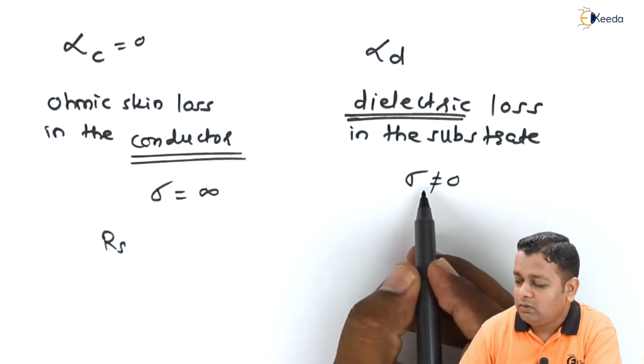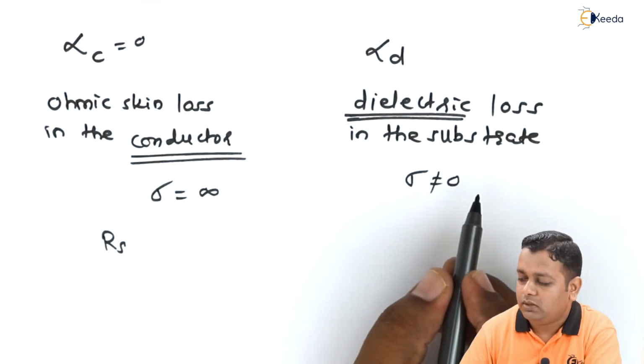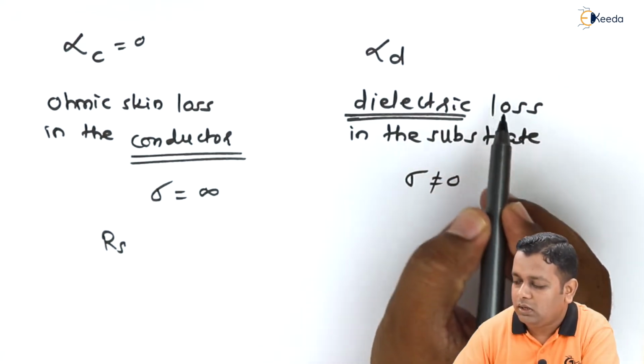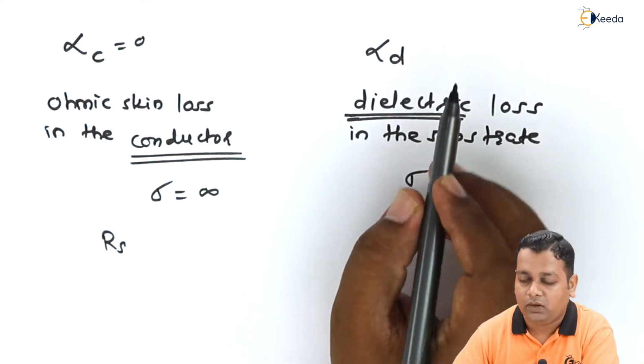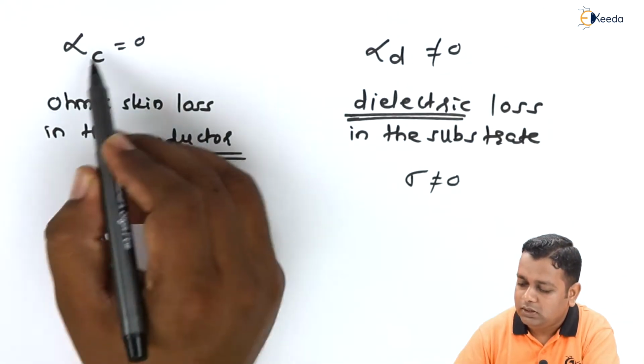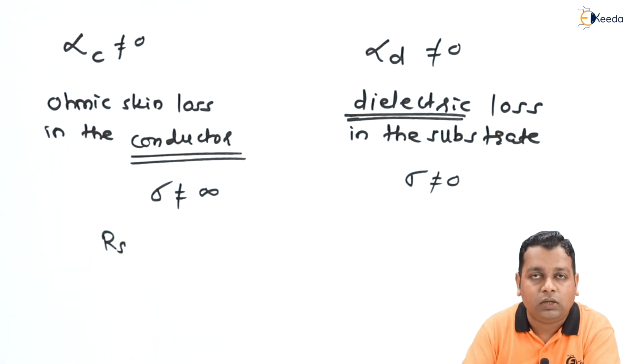So sigma is not exactly equal to 0 in the case of practical dielectrics. Those account for the dielectric loss. Otherwise alpha suffix d should be equal to 0, but these are not the cases we obtain while working in the practical domain. So for the determination of alpha suffix c and alpha suffix d, we take the help of determination of power.